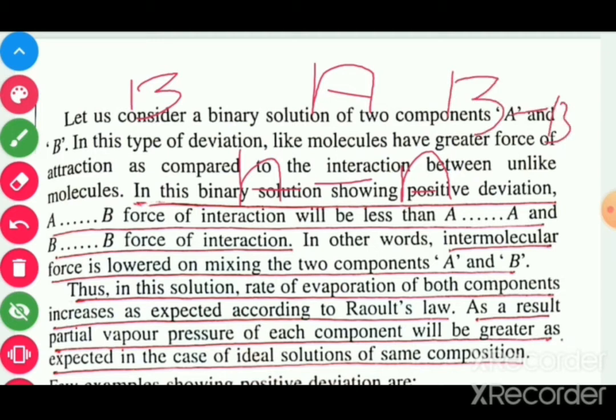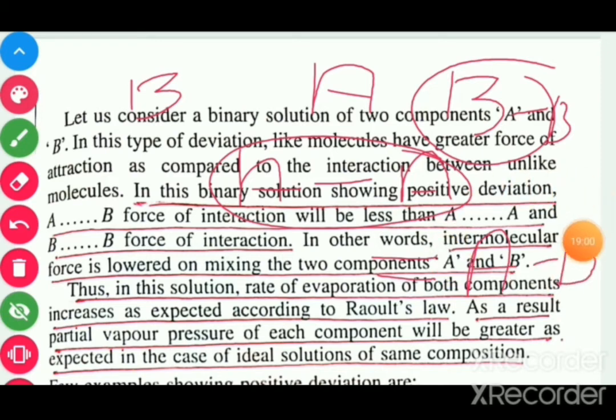If the interaction between solvent particles and the interaction between solute particles is equal to the interaction between solute and solvent in the solution, then the solution is found to be ideal.